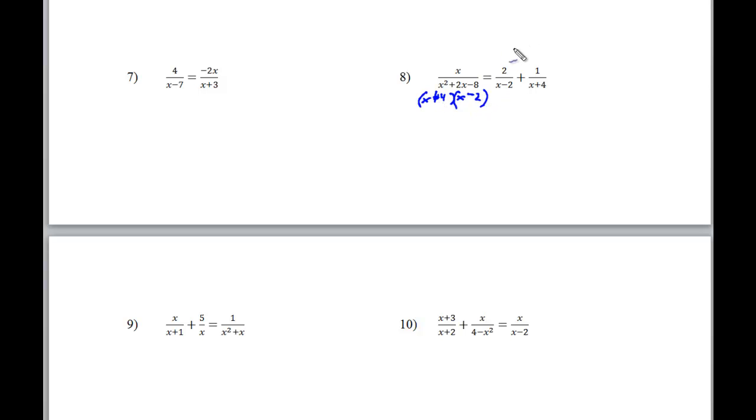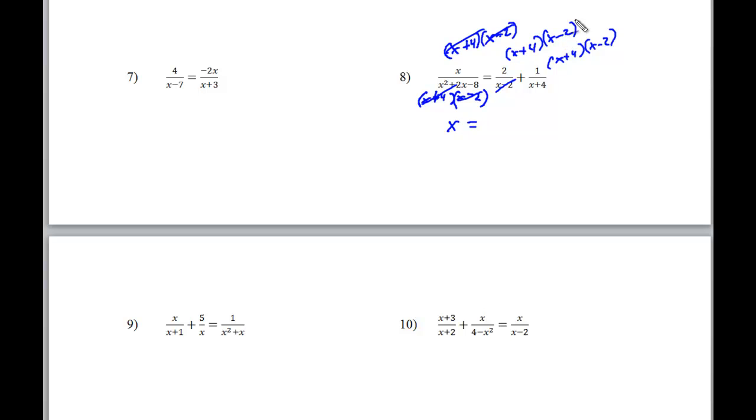So what this means is that I'm going to clear the denominator by multiplying everything by x plus 4, x minus 2, x plus 4, x minus 2, and then finally x plus 4, x minus 2. Now what this means for the variable on the left here, all these simplify and leave me with 8.